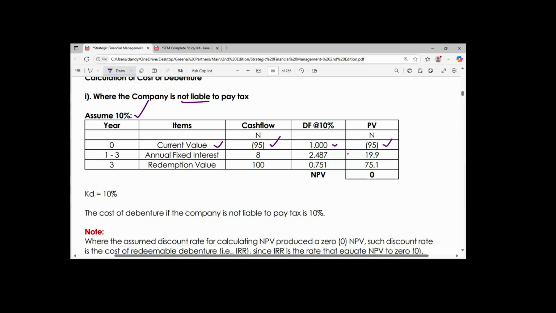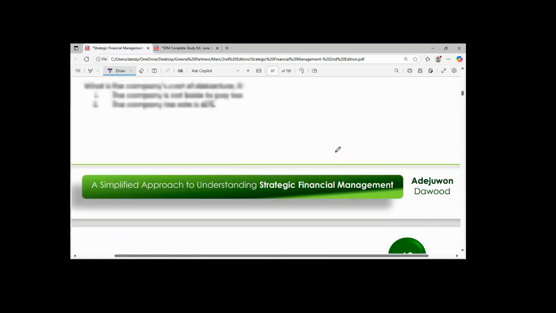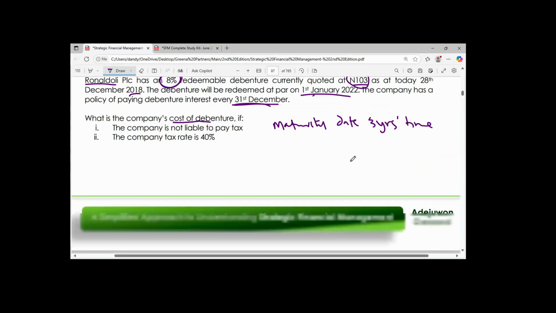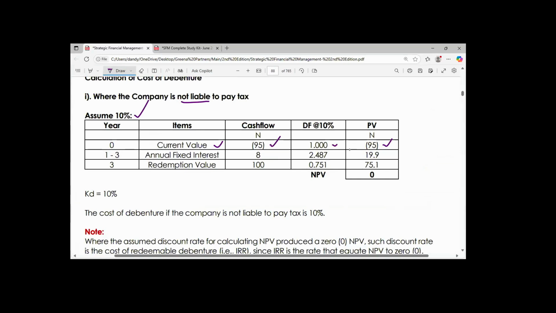The next thing I need to do is to calculate the present value of the fixed interest. The annual fixed interest, according to the question, is 8%. Since the company is not liable to pay tax, I will make no adjustment, so I put the 8 there. I need to calculate the annuity factor of year 1 to 3, because I have identified from the question that the maturity date of this debenture is in 3 years' time.